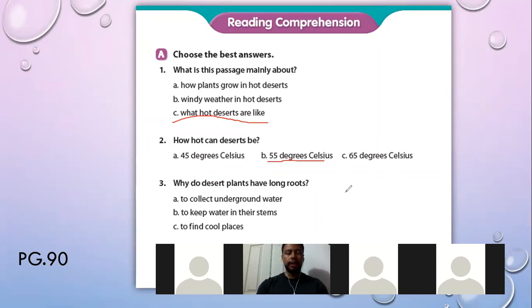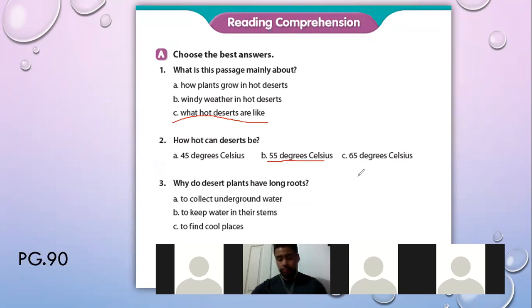And let's see another volunteer. Danny, please, can you read number 3 and give me the answer, please? Go ahead. Why do desert plants have long roots? Letter A, to collect underground water. B, to keep water in their stems. Or letter C, to find cool places.